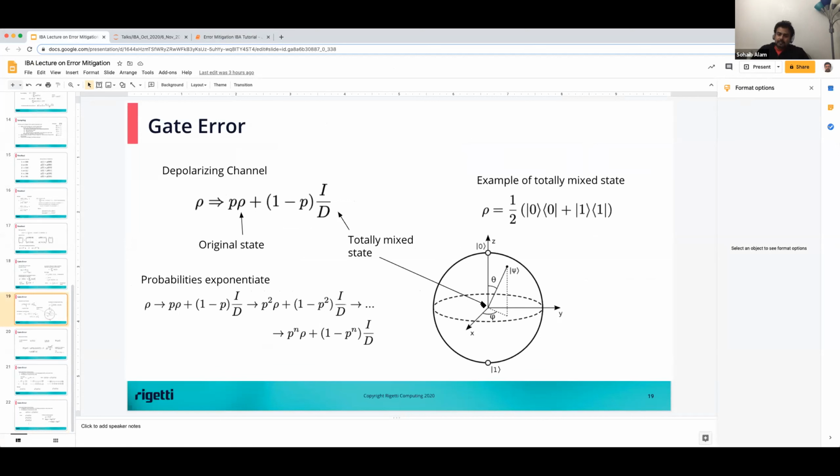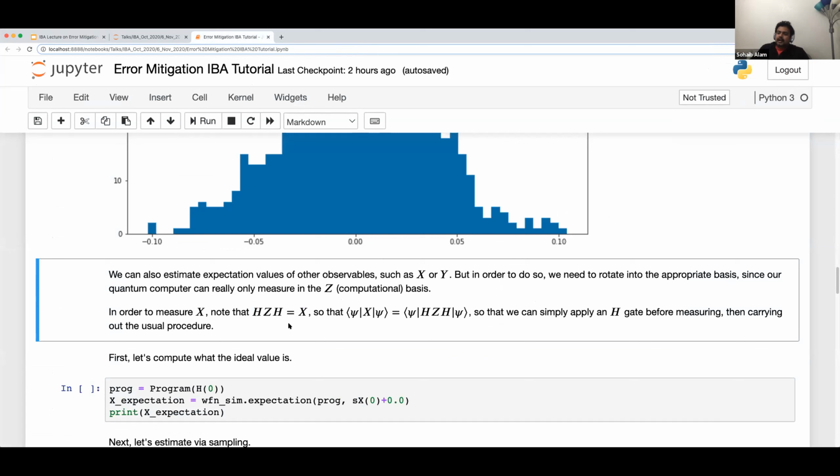Because it's pointing along the positive x-axis, it becomes the 0 of the X operator. 0 is the 0 of the Z operator because it's pointing along the positive Z direction, and 1 is the negative 1 eigenstate of the Z operator because it's pointing along the negative Z direction. Likewise, this is the positive one. So the Hadamard gate transforms 0 to the +1 eigenstate of the X operator, and you can also carry out the matrix multiplication and convince yourself that this is true.